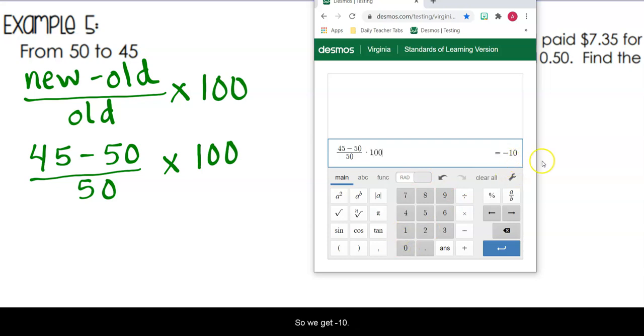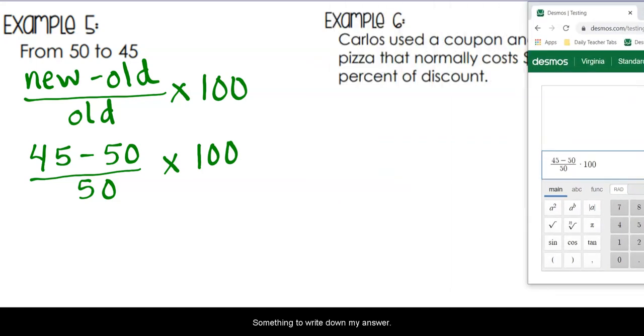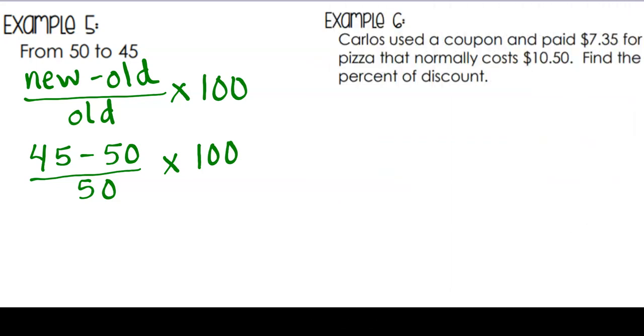So we get negative 10, which is actually negative 10%. So I'm going to write down my answer. This was a negative 10% change.